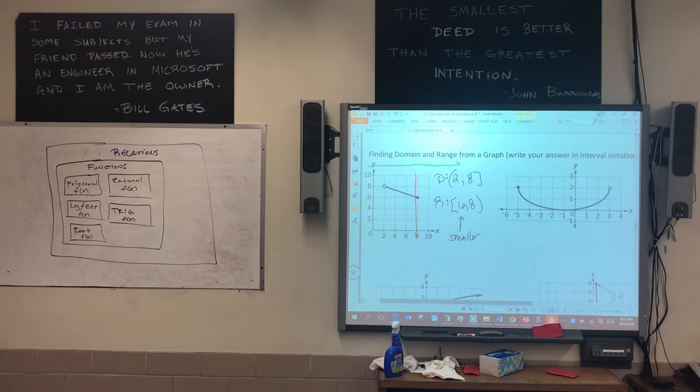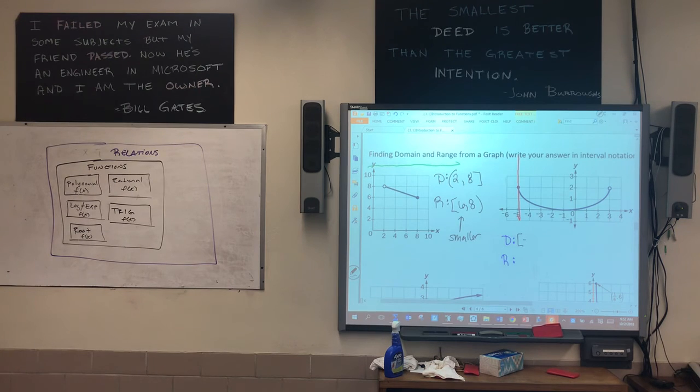All right, so now let's do this one over here on the right. There's a little bit of an intricacy here with our range. So if I go domain, take my wall here and start passing through, what's the first x value that that wall passes through? -5. Do I include -5?